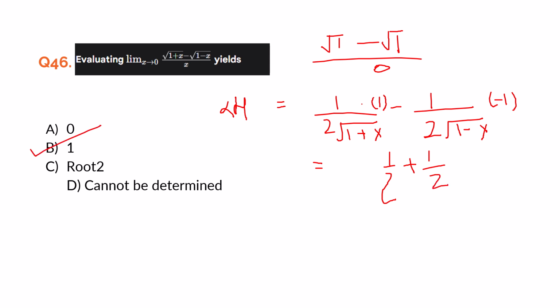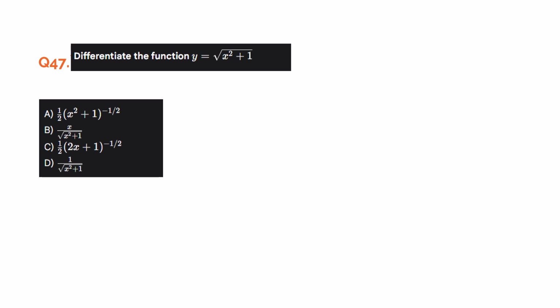Let's move on to another question. Here we have to differentiate this. So y equals root x square plus 1. Let's differentiate it. Root x we simply know is 1 by 2 root x, so 1 by 2 root x square plus 1. And now we have to differentiate x square plus 1 also with respect to x. If we differentiate x square plus 1 with respect to x, we get 2x.